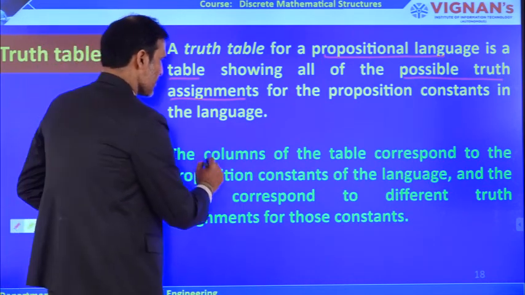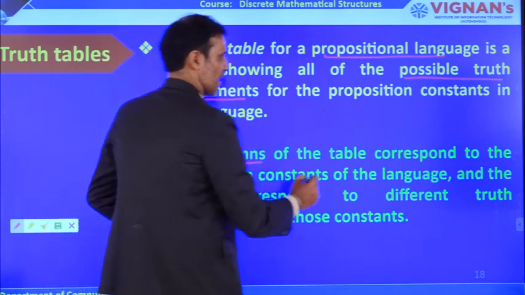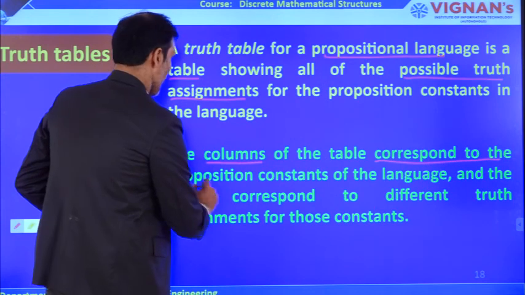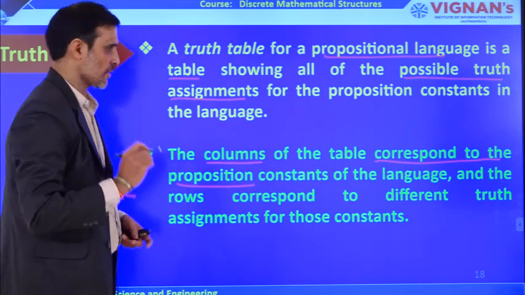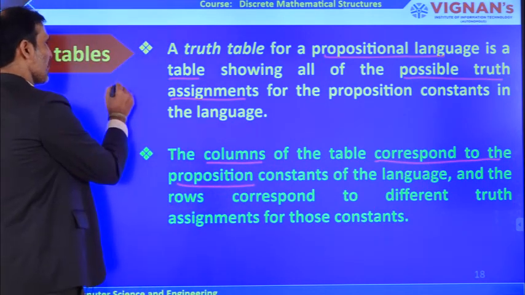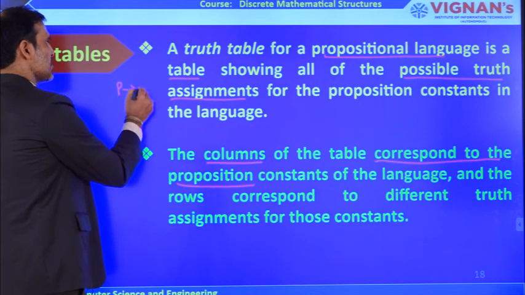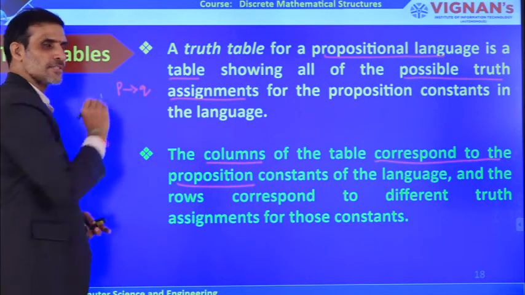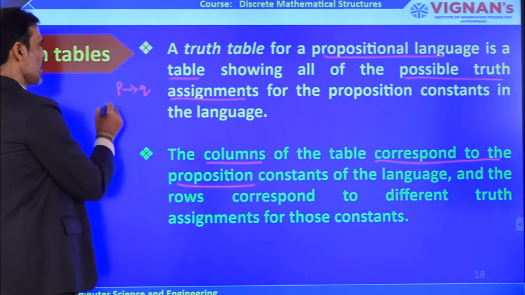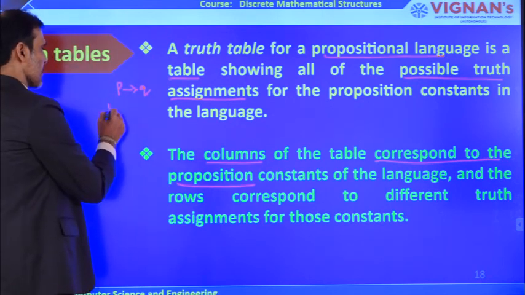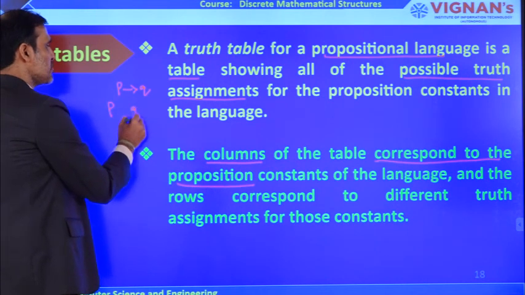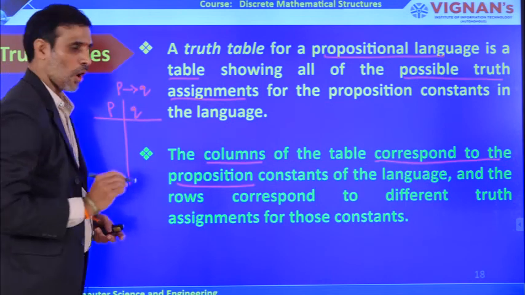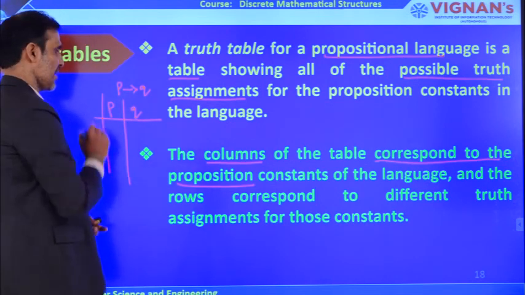The columns correspond to the propositional constants. Suppose I want to represent the truth table of the compound sentence P implies Q. I am going to take the propositional constants P and Q individually in the columns, like this.